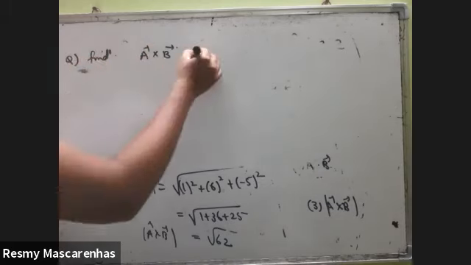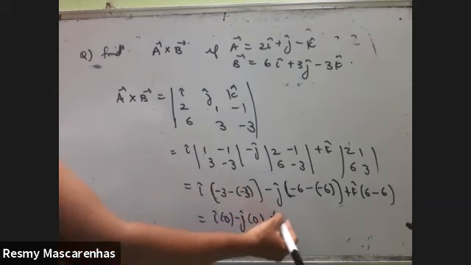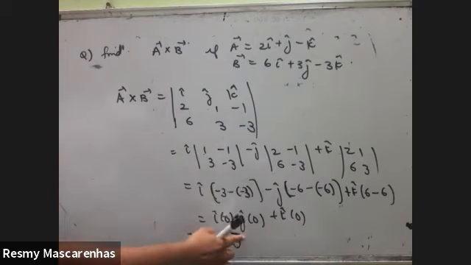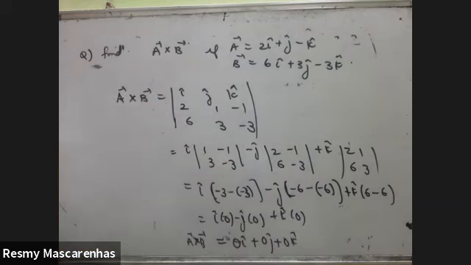This is 0. This is also 0 because minus into minus is plus. So overall answer is 0. Like 0 I cap, 0 j cap, 0. So 0 vector.